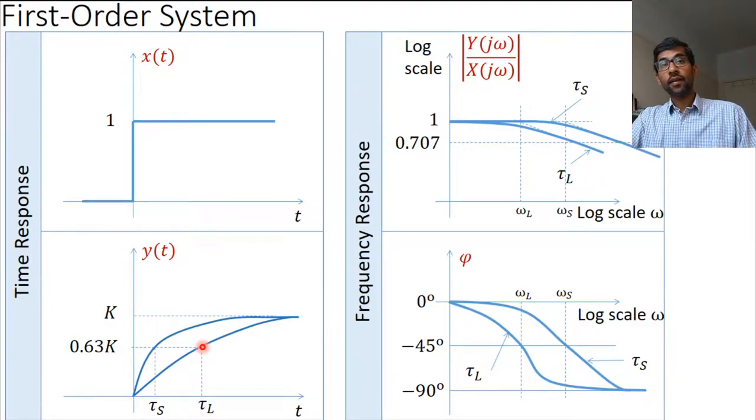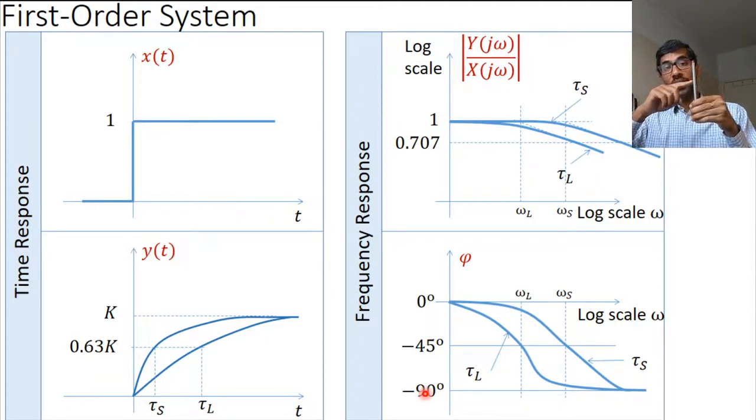Now if you look at the frequency response, just to remind you again, what are we doing? We are giving a sinusoidal input. So in this case, if you take a temperature sensor, what we are doing is we are giving a sinusoidal temperature. So imagine this mercury thermometer being in a water bath, and somehow you're changing the temperature of the water bath in a sinusoidal shape.